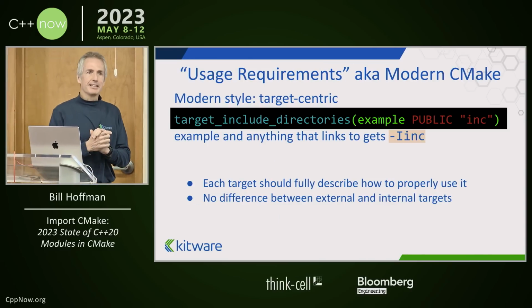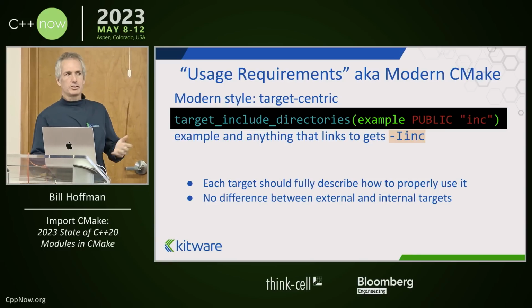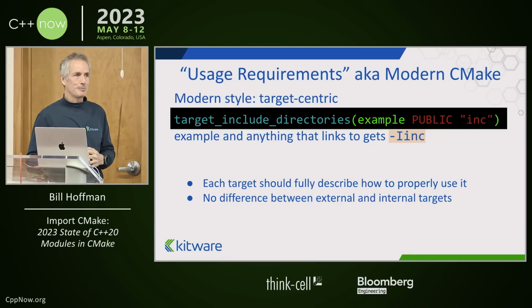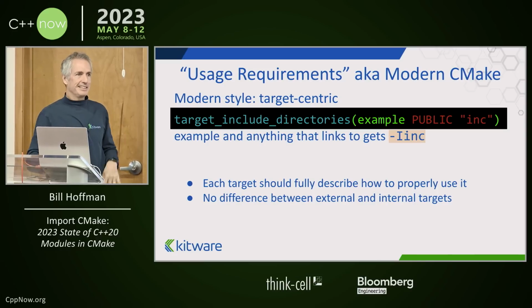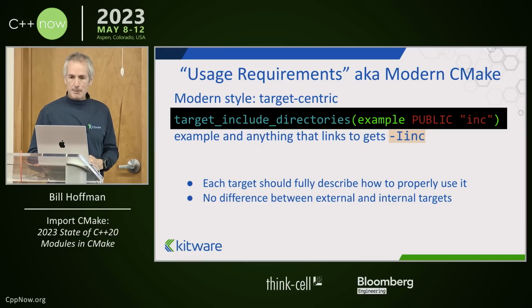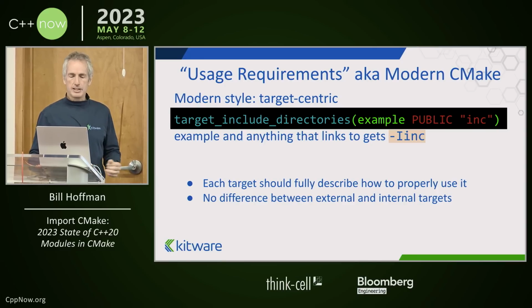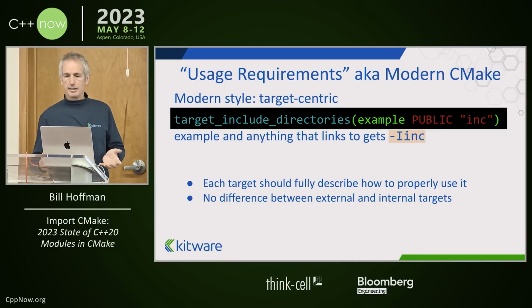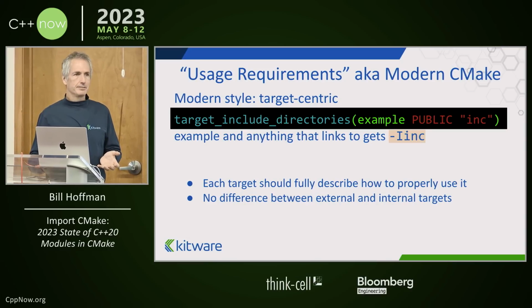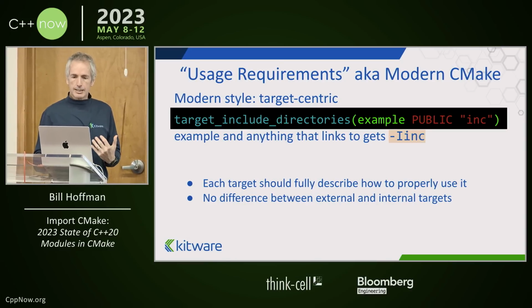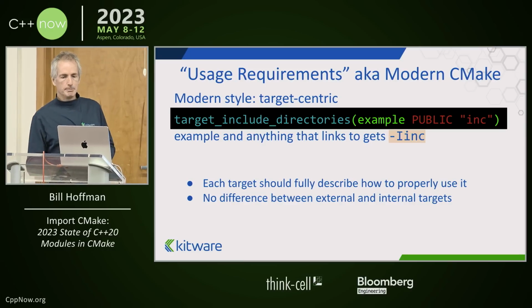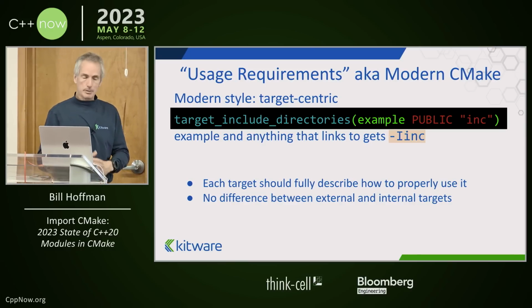Okay, so modern CMake. Originally, CMake had a structure much like the old AutoTools makefiles, where as you cascaded down directories, the include paths would filter down. In modern CMake, the target, which could be an executable or a library, is the source of the information, and you put things like include flags on a target, and then each target needs to fully describe how to properly use it and how to build itself.